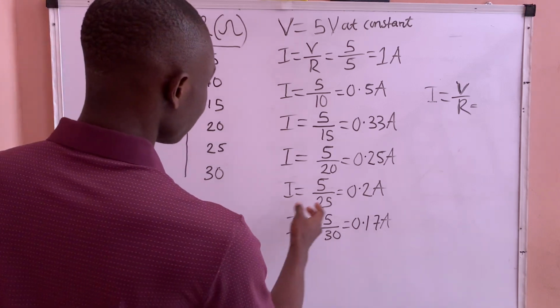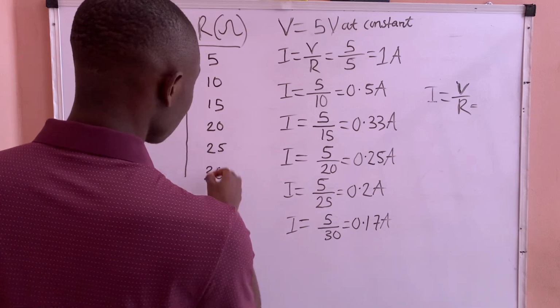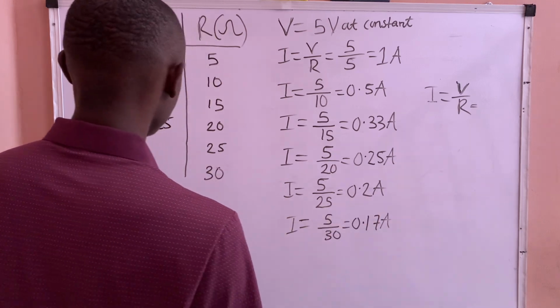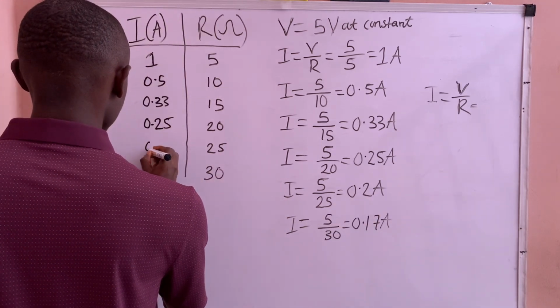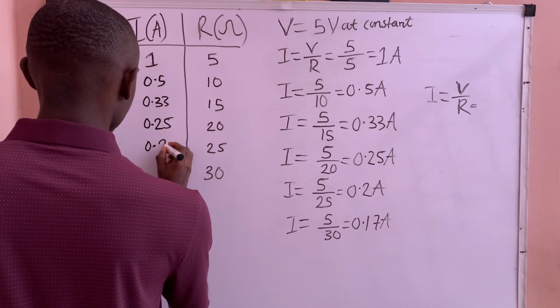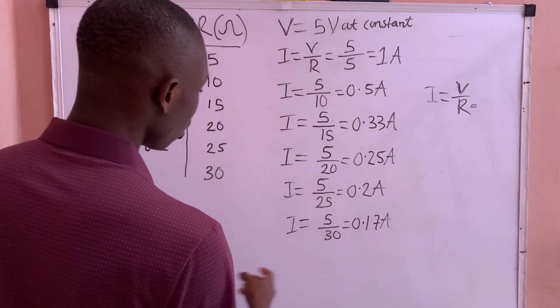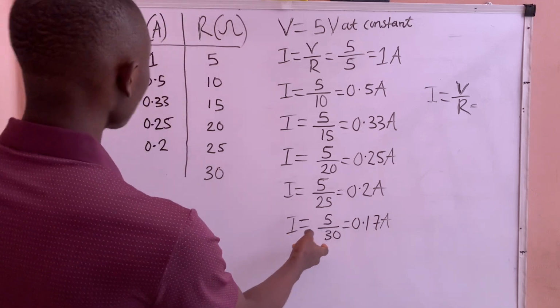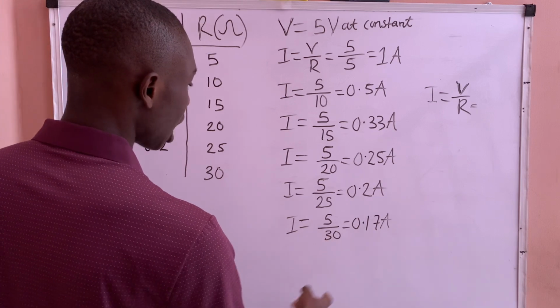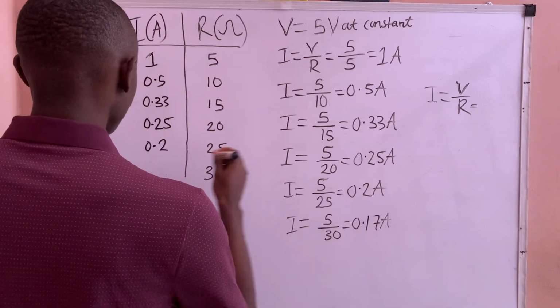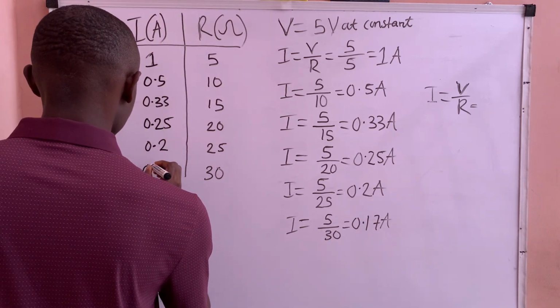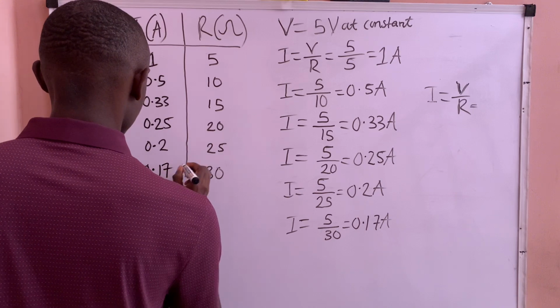When we increase the value of resistance by 25, current gave us 0.2 amps. When we increase the value of resistance by 30, the value of our current gave us 0.17.